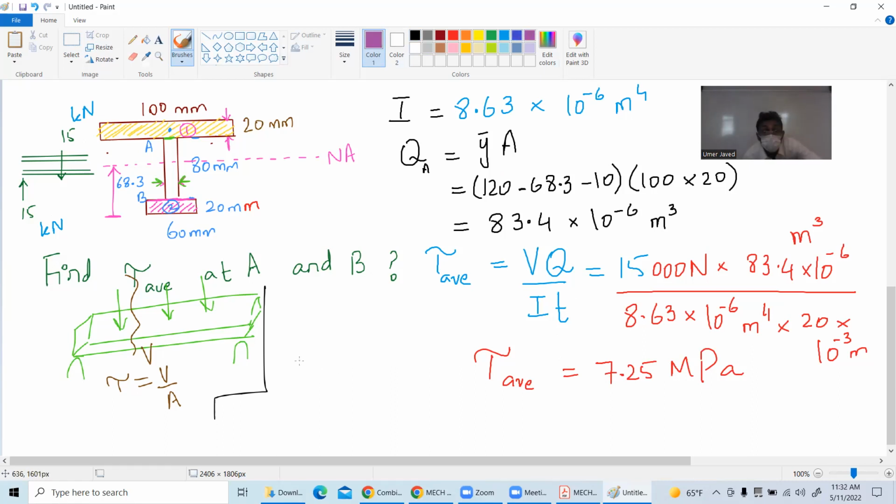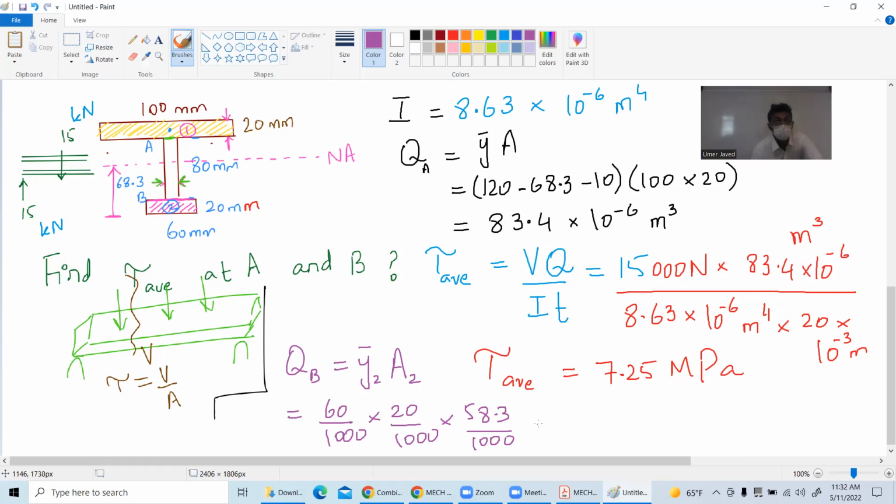So QB is equal to Y bar for the 2 multiplied by the area of chunk 2, which will be 60 over 1000 multiplied by 20 over 1000. That is the area multiplied by 58.3, divided by 1000, which is equal to 70 into 10 power minus 6 meter power 3.